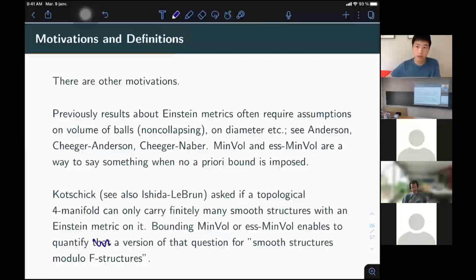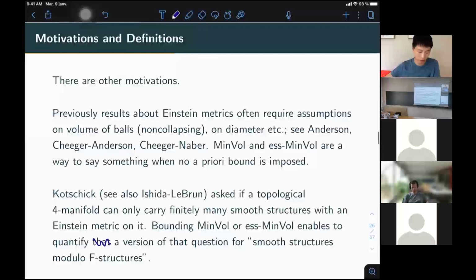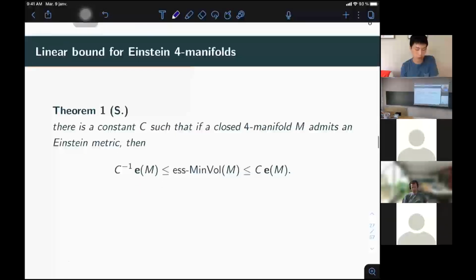All right, so these are the motivations, and finally I can give you a statement. This is the first main result, which says that there's a universal constant, so that given any manifold of dimension 4 that has an Einstein metric on it, the essential minimum volume is comparable to the Euler characteristic. So here E is the Euler characteristic.